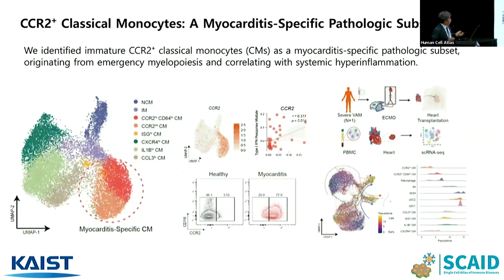And from one patient, they got a sample from the heart tissue, from the heart transplantation. So this is the tissue and blood data, and they found that CCR-positive classical monocytes were myocarditis specific, in both the blood and tissue. This is a specific pathologic subset.